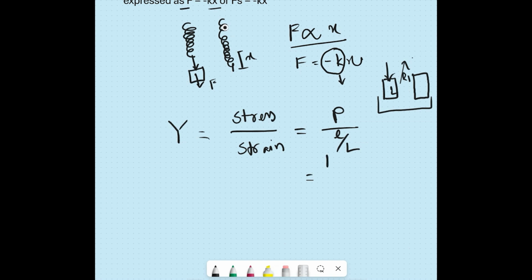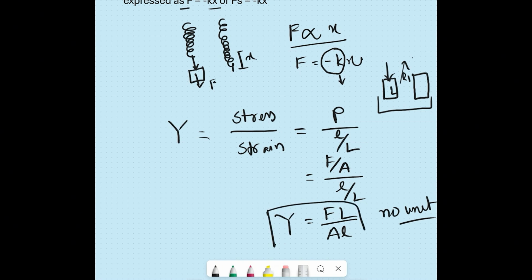Of course, F by A over the increased length by L. So we could write down F L by A times the increased length, and obviously there is no unit. And by using this equation, we could solve a couple of problems. I'll explain later in my next video.